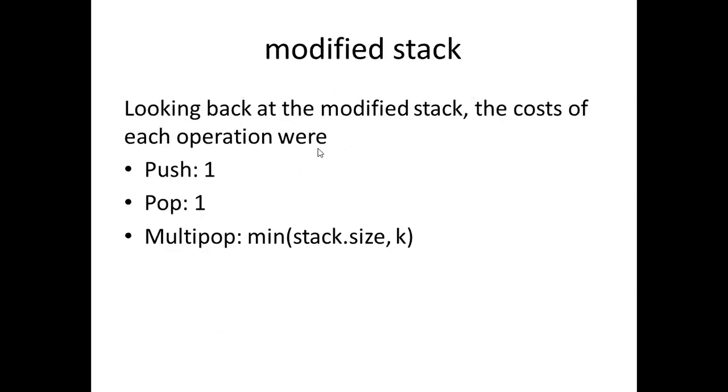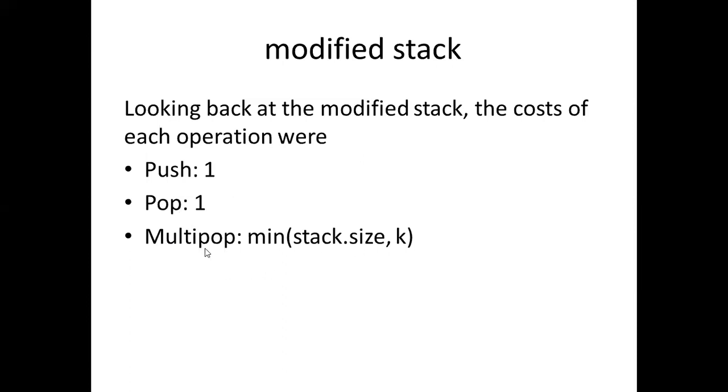So here we are taking the modified stack, looking back at the stack. The costs of each operation were push, pop, multi-pop. There are three important operations. When you consider the cost of pushing an element, it costs 1. Pop costs 1. Multi-pop costs the minimum of stack.size and k.